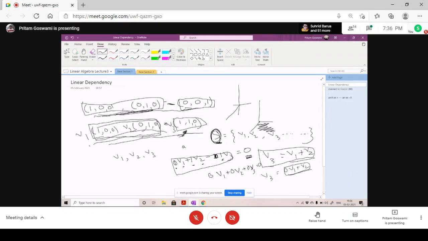So you can use this theorem as a tool for checking linear dependency. You don't have to do it every time by taking a1 up to an, adding them, setting the sum to 0 and checking whether all the ai are 0 or not. This theorem can be used as a tool to check dependency.